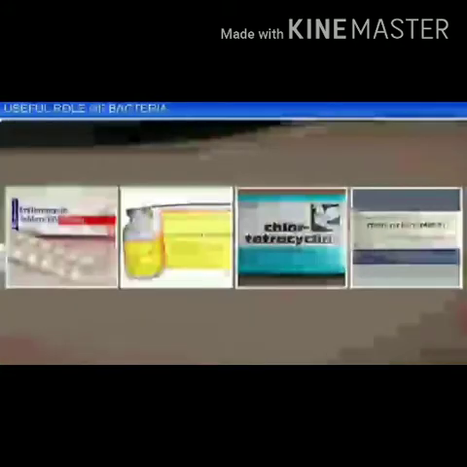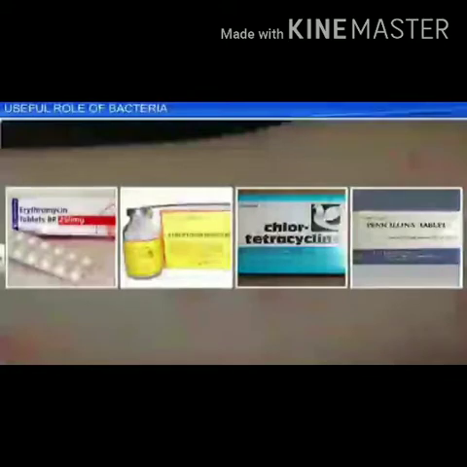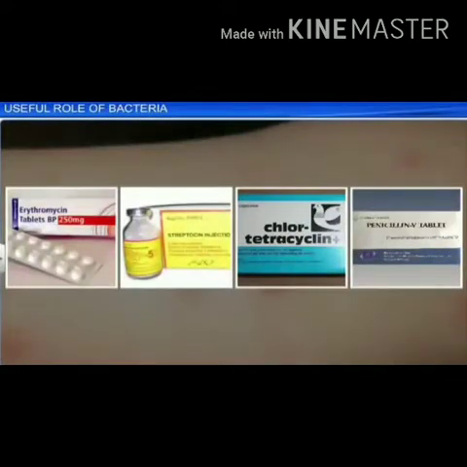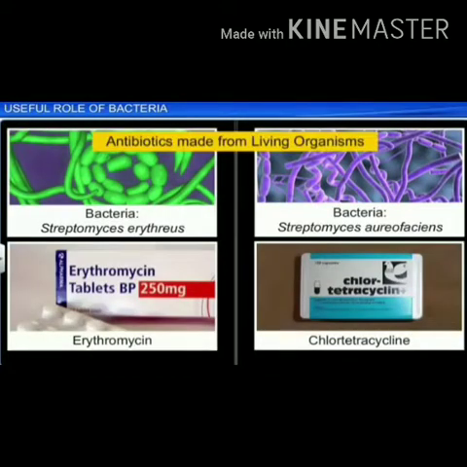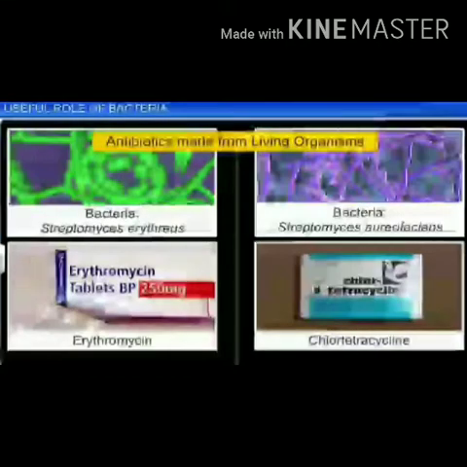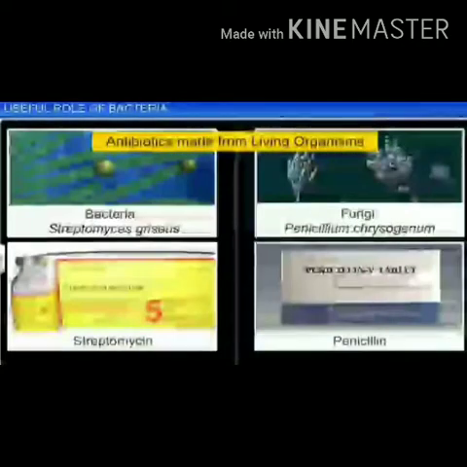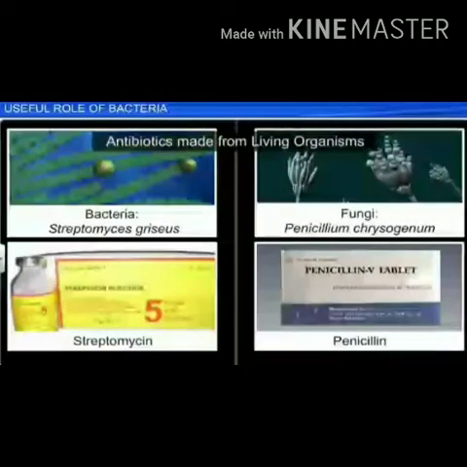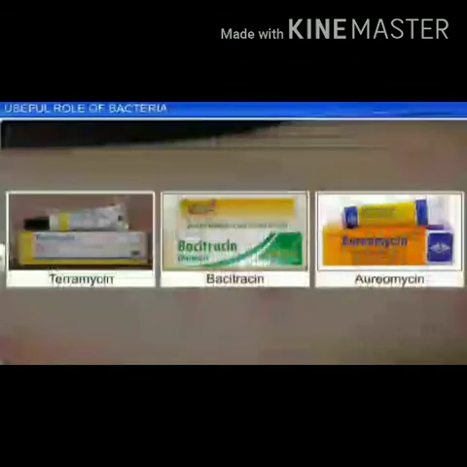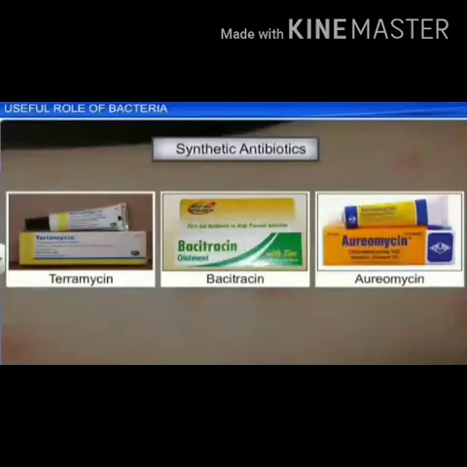Antibiotics are drugs that prevent and treat infections caused by bacteria and fungi. A majority of the antibiotics are made from living organisms like bacteria and fungi, while others are produced wholly or partly synthetically.